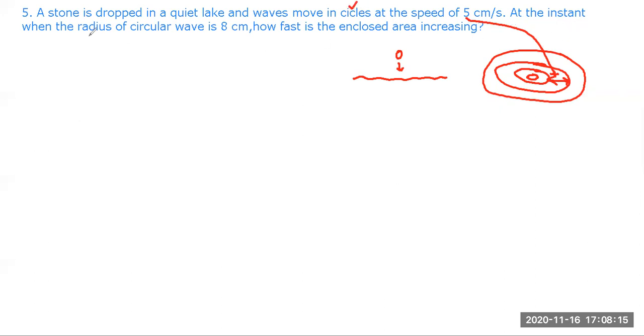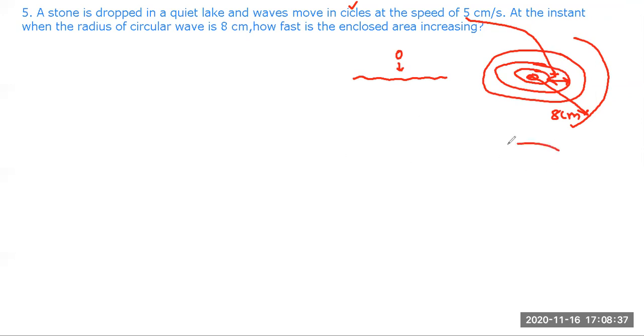At the instant when the radius of the circular wave is, that means when the radius is, for example, 8 centimeters, when it has come up to this, how fast is the area enclosed increasing? This is the entire area enclosed all the way up to this.